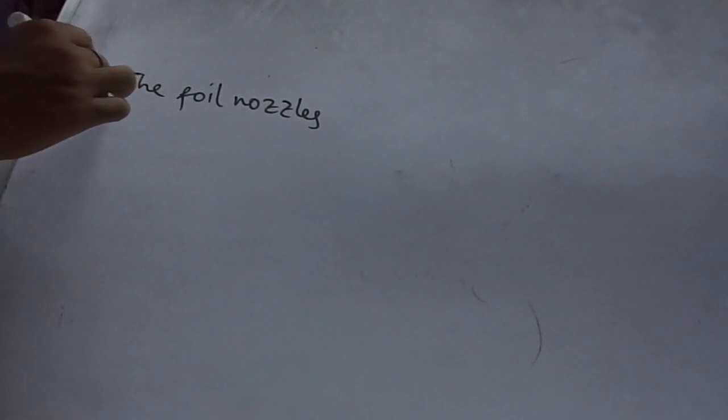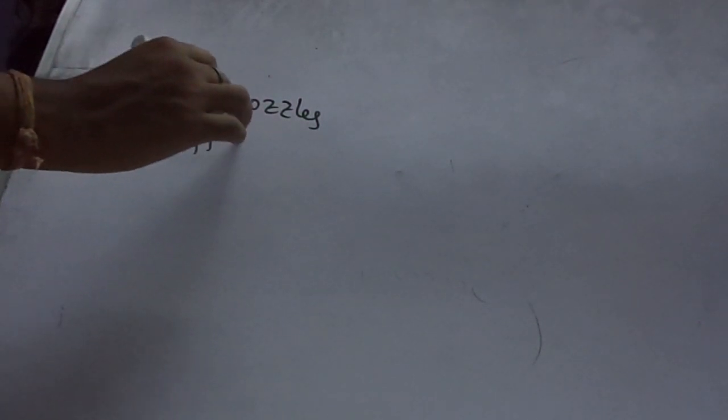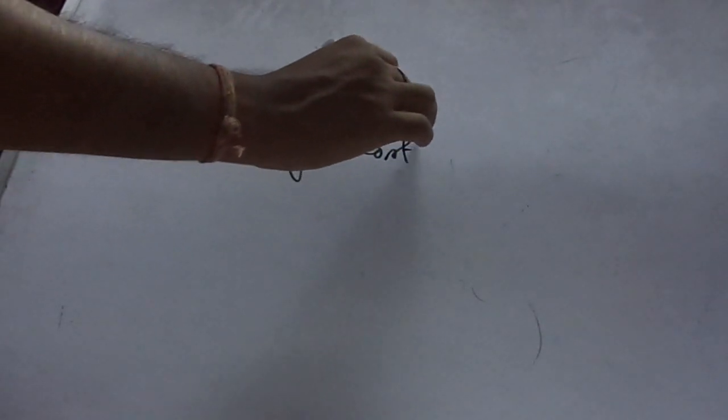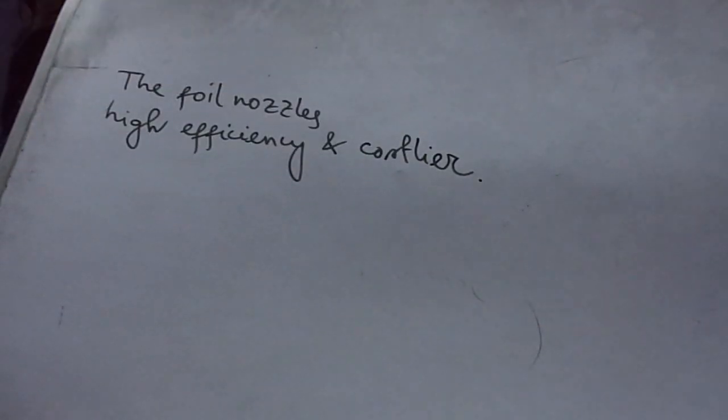Foil nozzle: high efficiency and costlier. A foil nozzle block is made by welding the individual foils between sections of concentric rings. The block is then welded in place between the outer and inner shrouds.